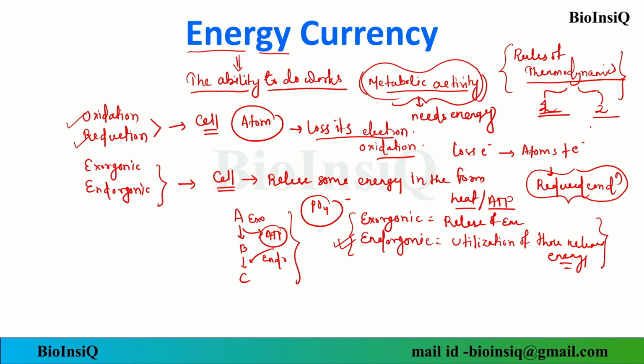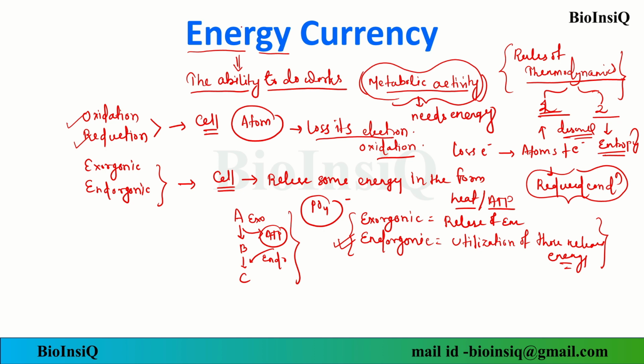And the second one is that the energy released in the form of heat is not converted back to its native form, and it will increase your entropy, right? Entropy basically means disorderliness, right? Because the heat released as a kind of energy does not come back to any other activities, or cannot be utilized in any other functionalities or metabolic activity. So it will generally increase the disorderliness.